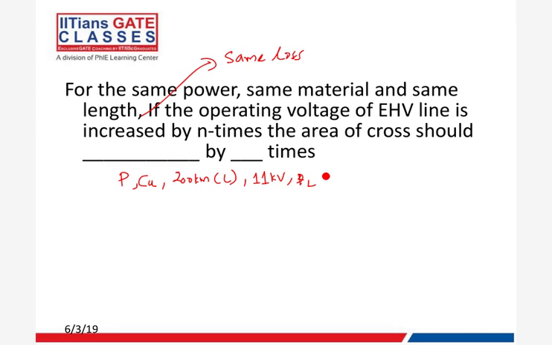Now what happens is that we are increasing the operating voltage by n times, so V2 becomes n V1, and there is this new system. So this was the old transmission line, and we have a new transmission line system.